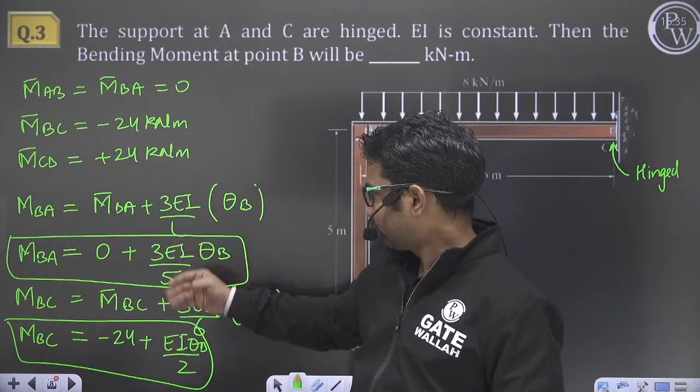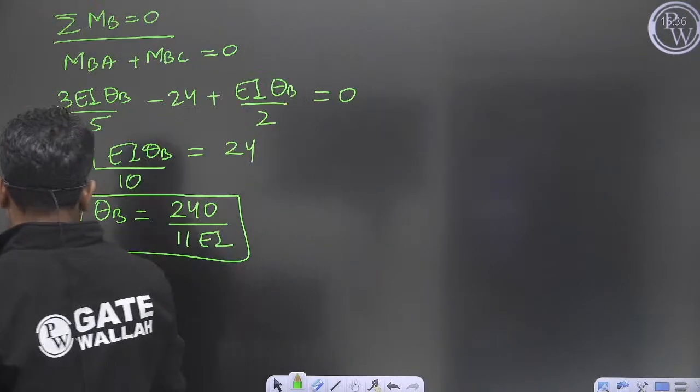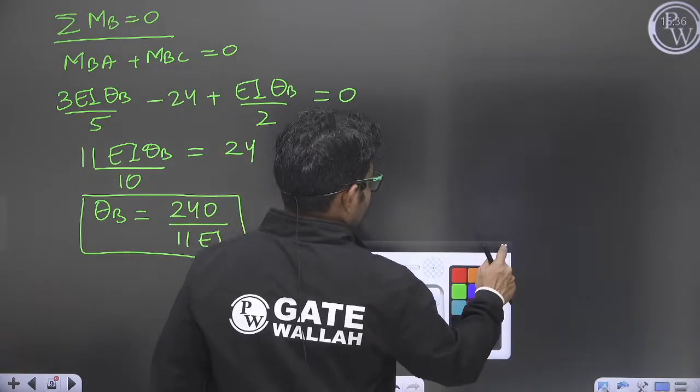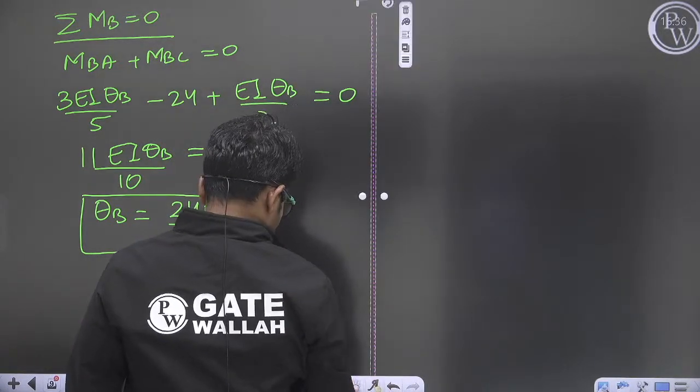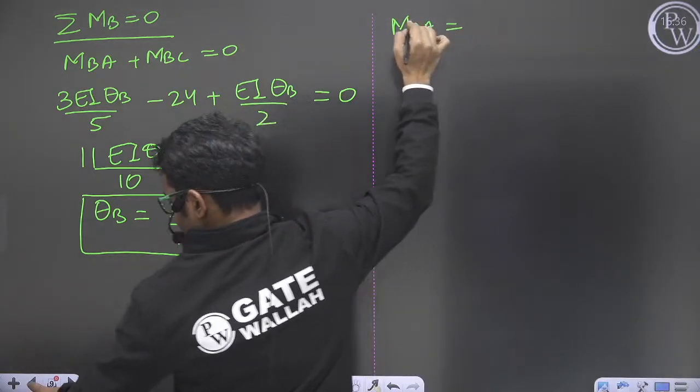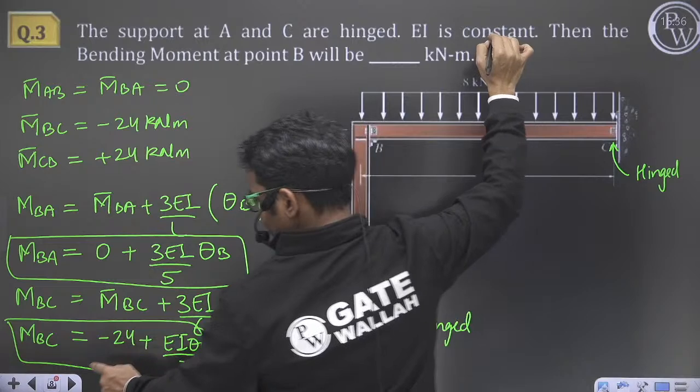It will be easy if I put in this equation. So let me find out MBA. What will be the value of MBA? MBA will be equal to 3 EI theta B by 5.